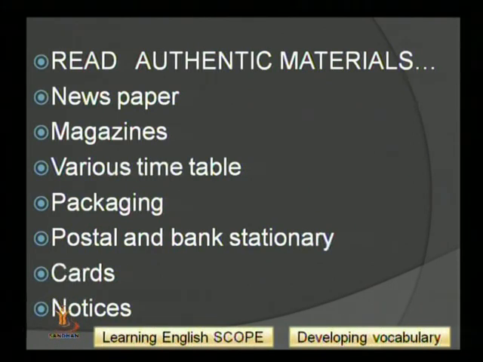Similarly, magazines, various timetables, packaging, postage and bank stationery, cards, notices, these all are used as authentic materials. Various new words you will find from such authentic reading materials. So every time we should go on reading and reading.